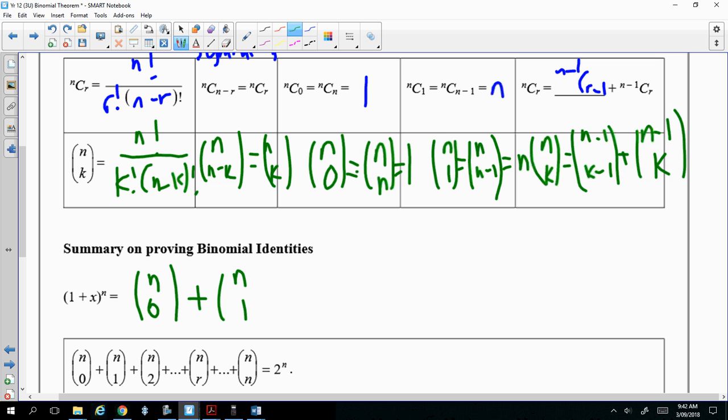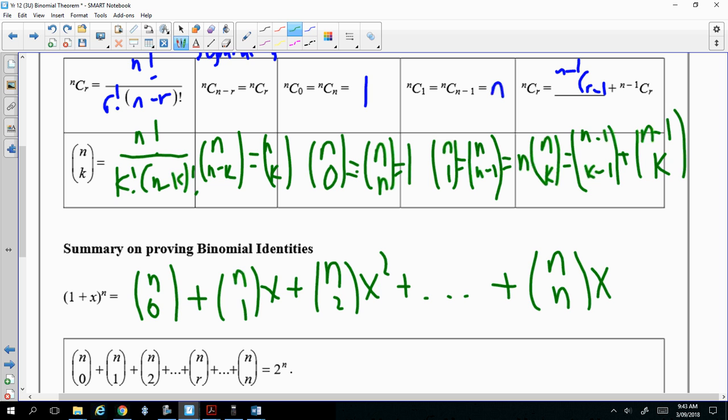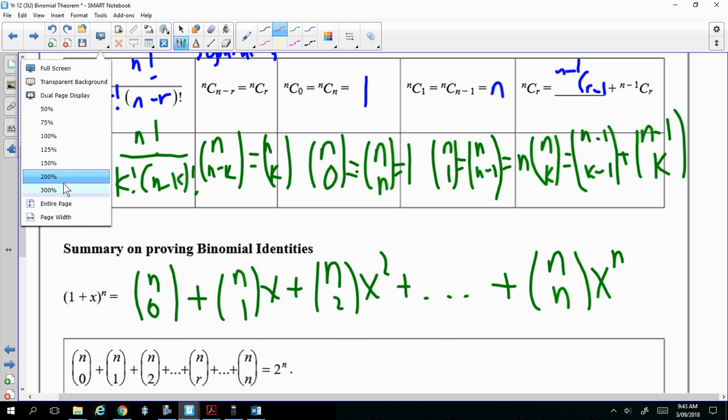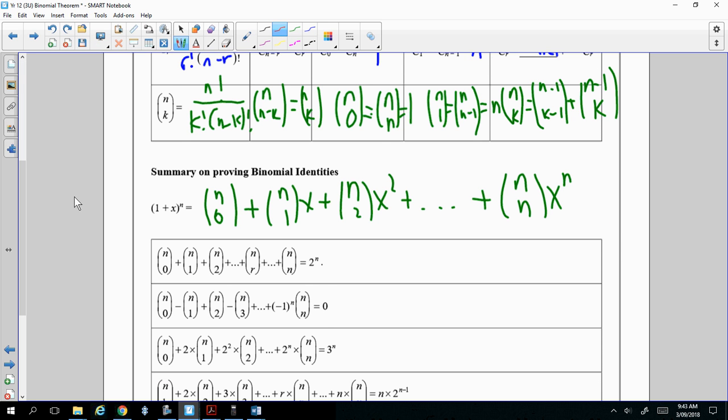Okay. So how do I prove the first one? You just have to substitute x equal to 1 into the above. And when you see alternating signs, you substitute x equal to -1. And when you see powers of 2, you substitute x equal to 2, right?